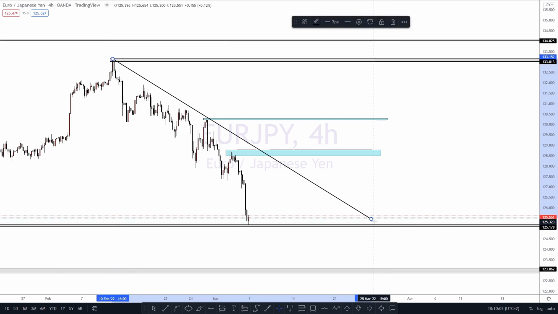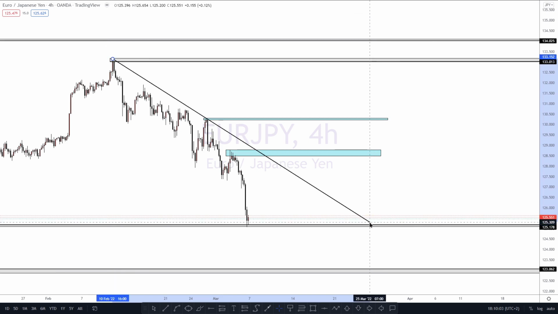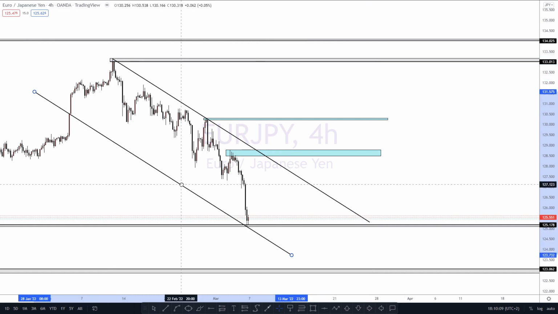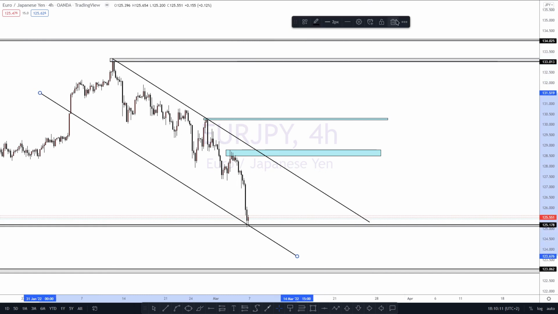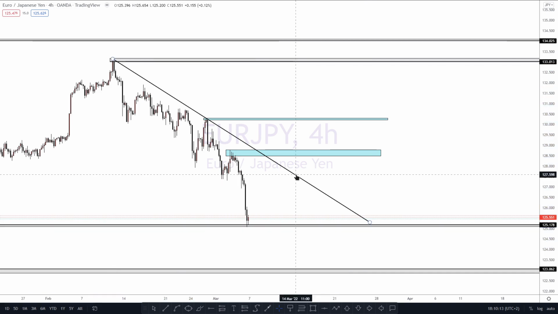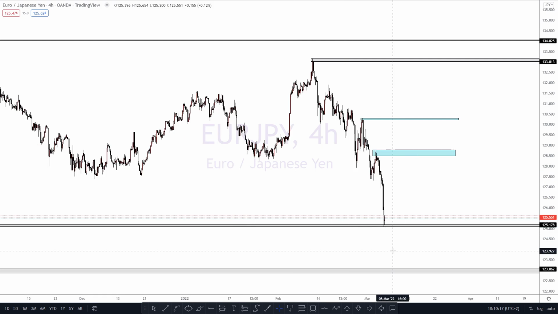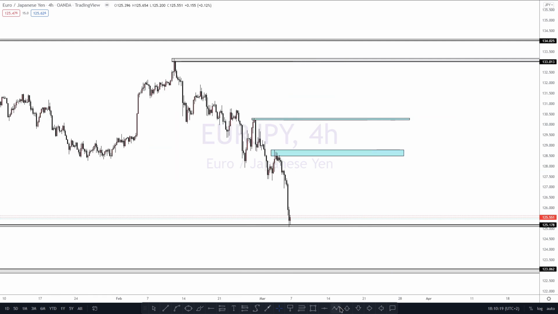So we have a bit of a descending channel type of nature, but on the downside it doesn't make sense to me. So I'm not going to be focusing on this, just going to be looking at the market and wait to see if we're going to also have a bit of a trend, just trying to move to the upside, right?